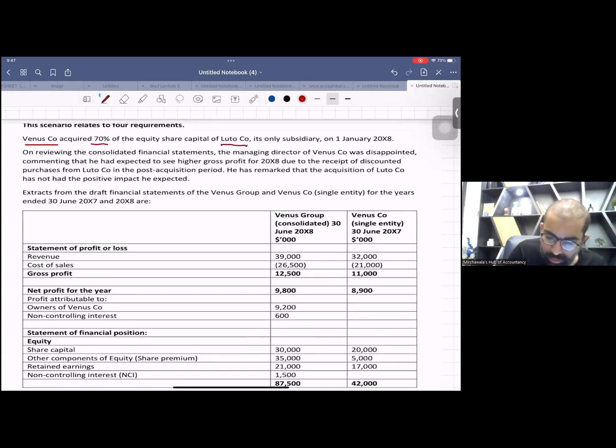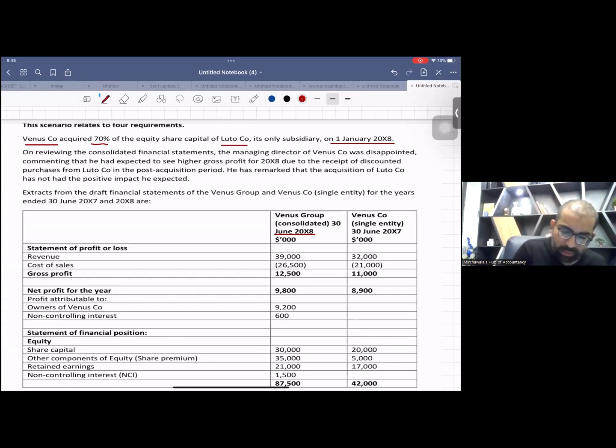This is the subsidiary, acquired on 1st January X8. Now what is the year end? 30th June X8 is the year end. That means we acquired this company in the middle of the year. The new subsidiary is acquired in the middle of the year. Don't forget this.